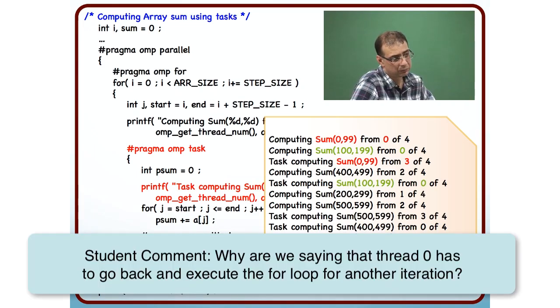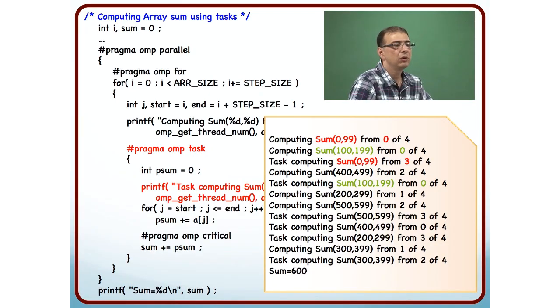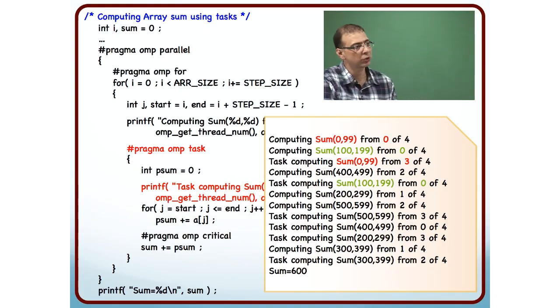So why is the very same thread 0 going back to execute the for loop for another iteration? That depends on the scheduling mechanism. Remember there was a schedule clause, whether you're scheduling statically or dynamically. So here the default is schedule static. The default behavior when you don't specify the schedule is static. So what it has done is, it has pre-allocated these 6 iterations to the 4 threads.